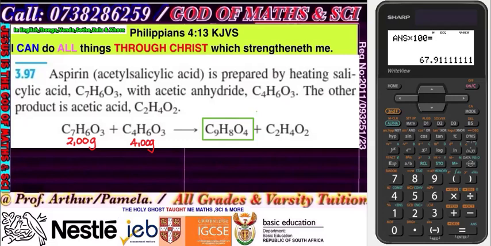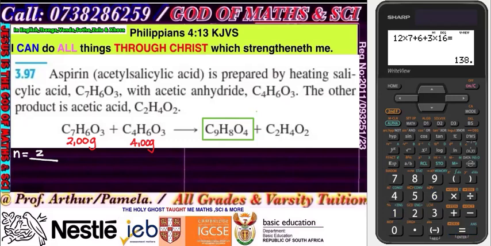So first, I'm going to calculate the moles of this one here. The number of moles is the mass, which is 2, divided by the molar mass. We already know that carbon is 12, so it's 12 times 7, plus hydrogen is 6 times 1, which is 6, plus 3 times 16 for the oxygen. That gives 138.